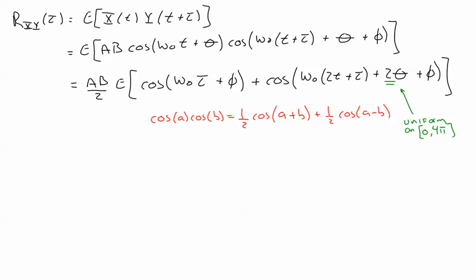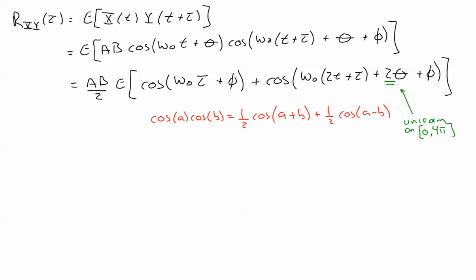So my second cosine function, inside of my square brackets, goes through 2 full cycles. So the expectation of that second term goes to 0.